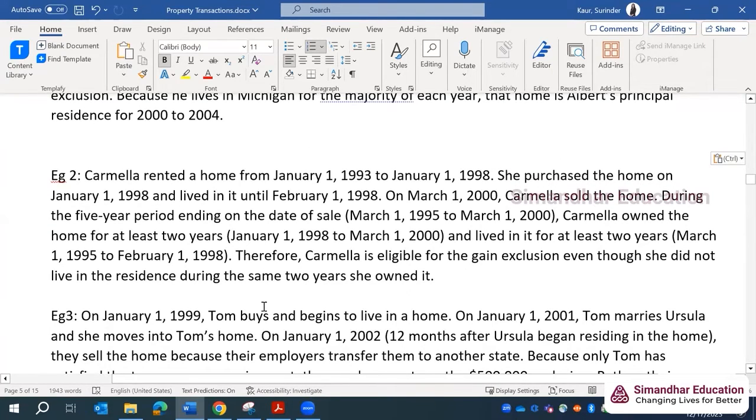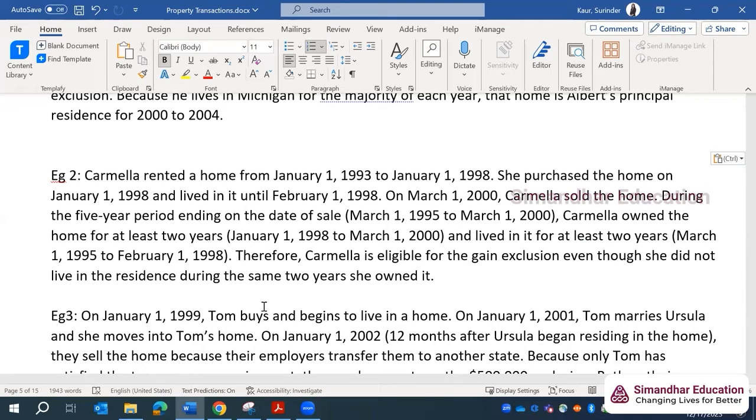Okay, let's look at the second question. Carmela, and in this question, be mindful of the dates. Carmela rented a house from Jan 1, 1993 to Jan 1, 1998. She purchased the home on Jan 1, 1998 and lived in it until Feb 1, 1998.